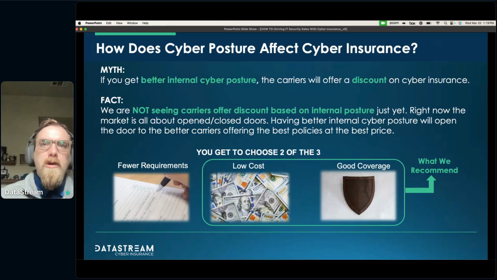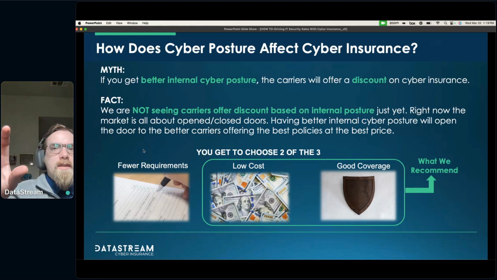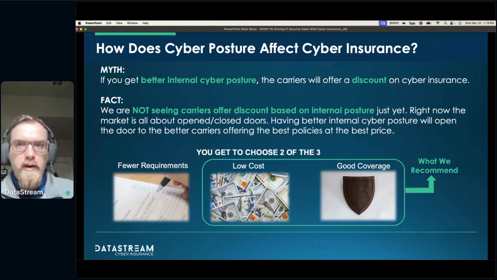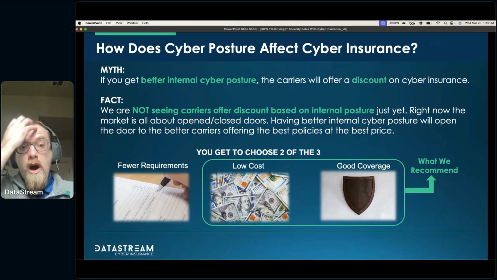So as you're shopping for policies, you get to choose two of these three, right? You're either going to have fewer requirements, but that means you're going to be sacrificing one of the other two. So the coverage won't be as good, or the cost goes through the roof, or vice versa, right?